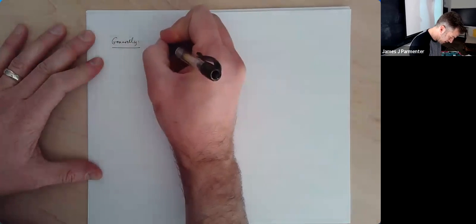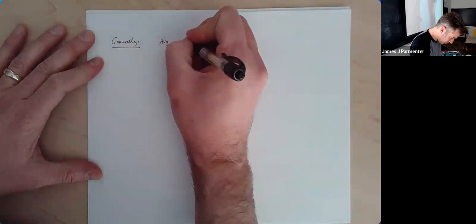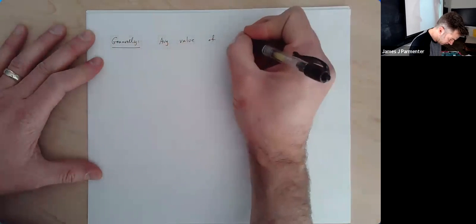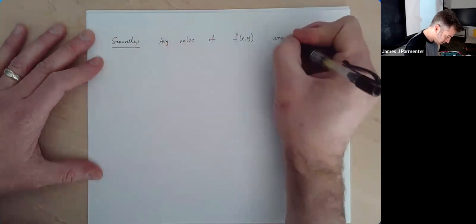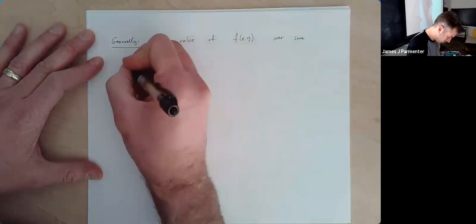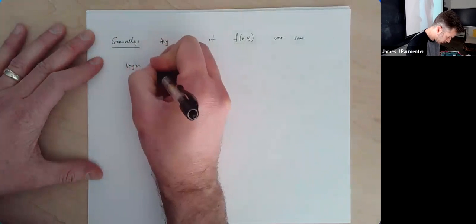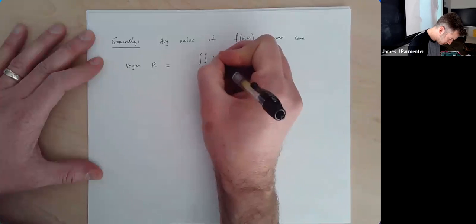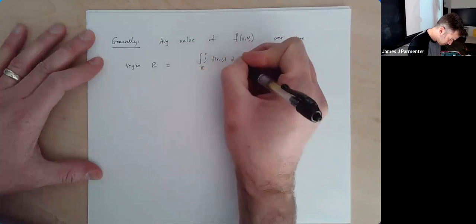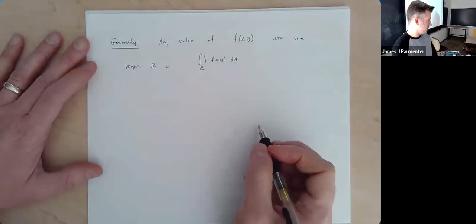we can say that the average value of a function of two variables, x and y, over some region R is just the double integral over that region. This is how we write a double integral when we don't know which order we're doing it.